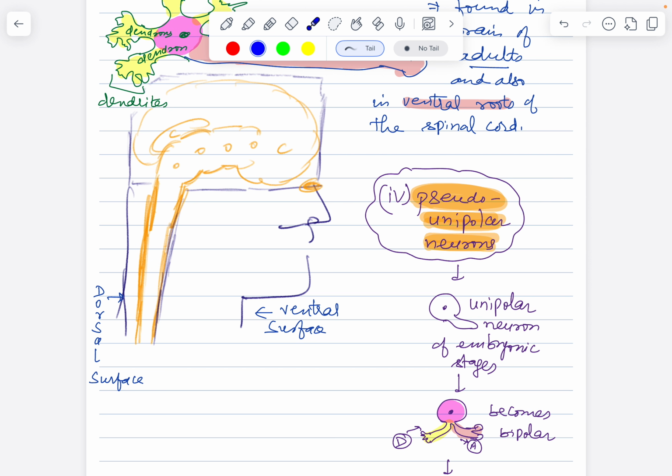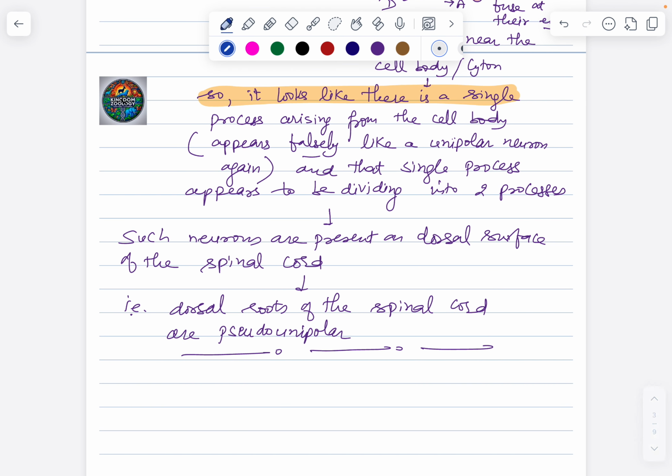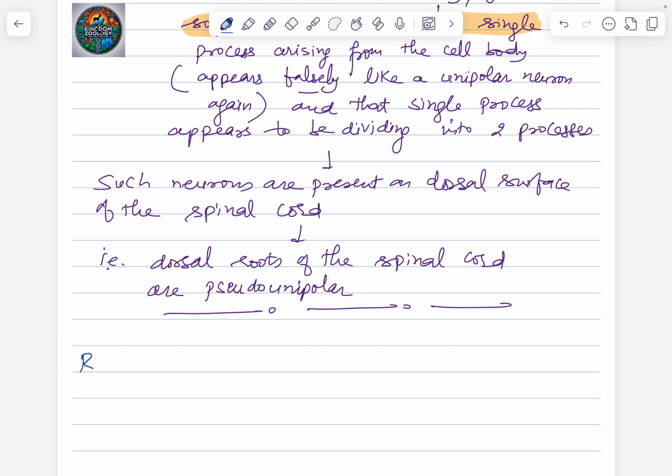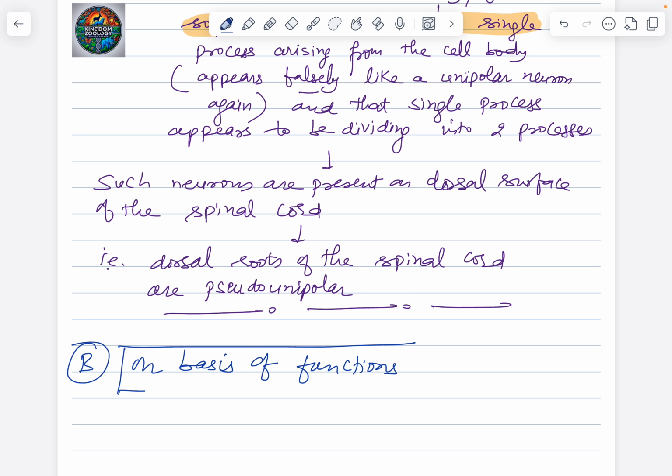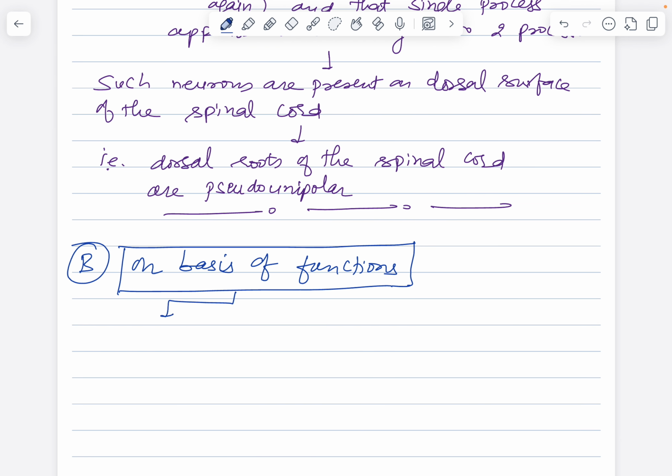But then there is one more classification of neurons, not on the basis of their structure, but on the basis of their functions. And on this basis, the neurons can be divided into three types.